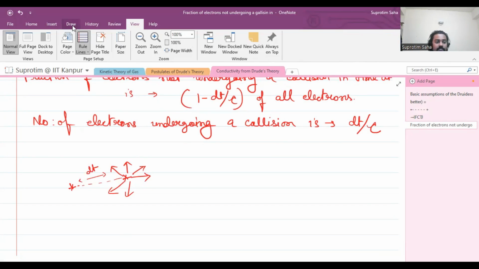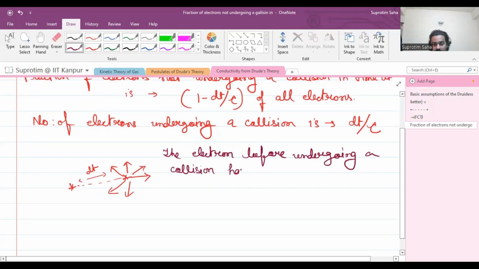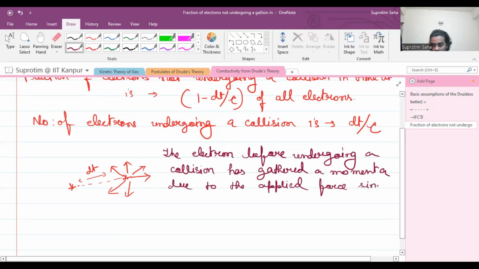So let me just write down: the electron before undergoing a collision has gathered a momenta due to the applied force since its last collision.